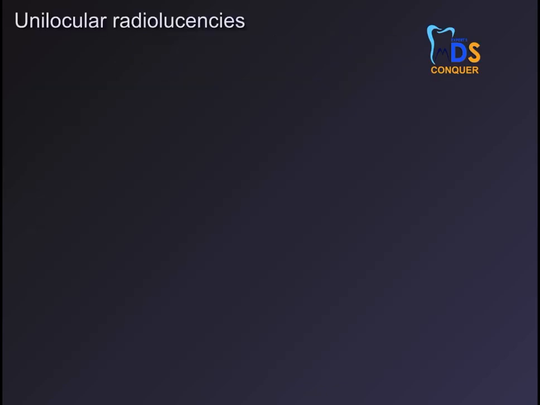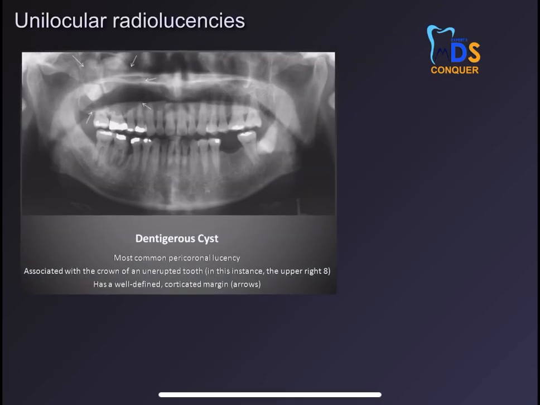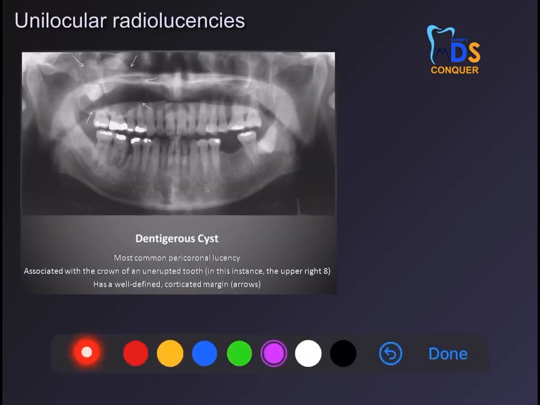So now we have seen many unilocular radiolucencies, right? As here you can see there is a unilocular radiolucency with an impacted third molar. So that is nothing but the dentigerous cyst, right? So it is exactly attached to the neck at the CEJ, right?